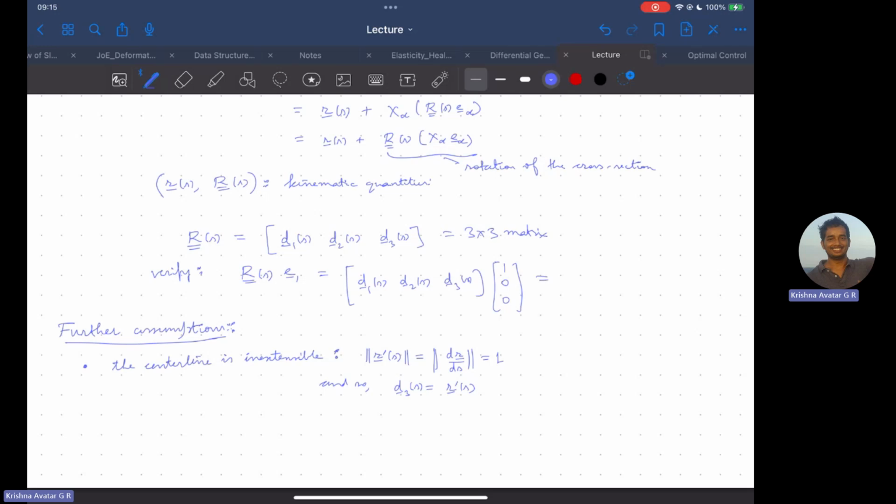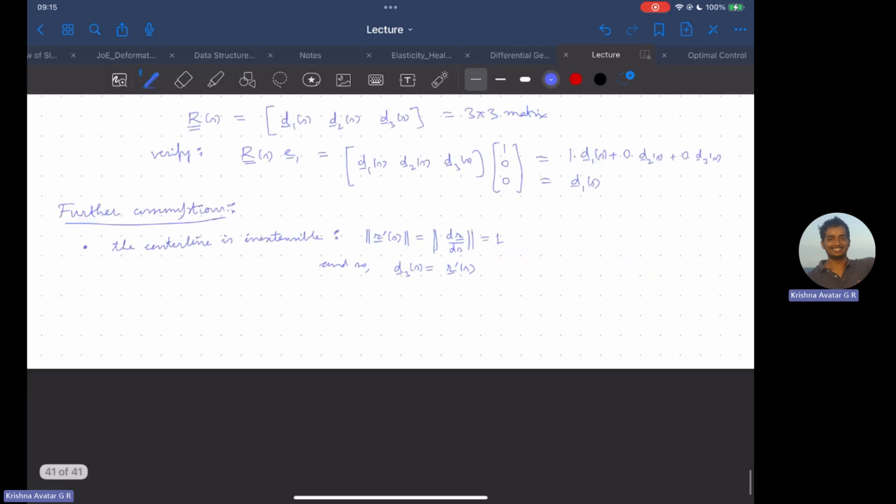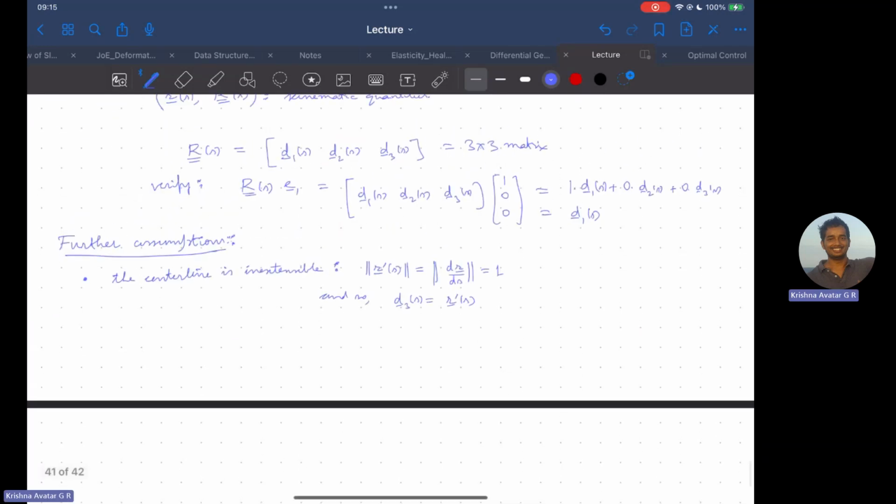So this means it will be 1 into d1 of s plus 0 into d2 of s plus 0 into d3 of s, which is equal to d1 of s. So we're able to verify that this relation really holds. And likewise, it will be the same for the other two cases as well.